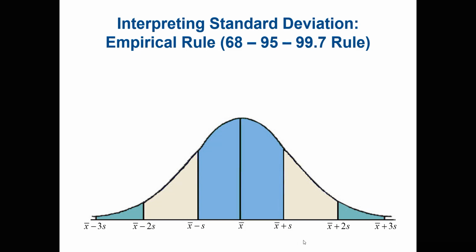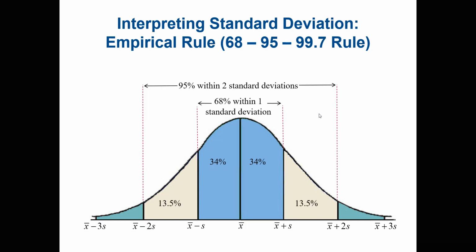So it will cover all of this area, and 99.7% of your data set to be 3 standard deviations from the mean value. That is simply what the rule tells you. So this is only valid for data sets which are normally distributed.